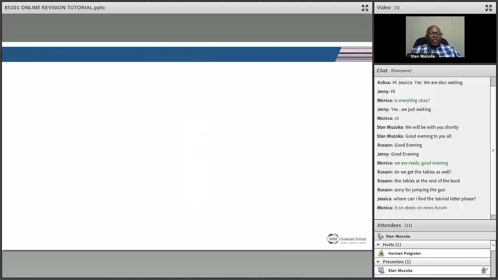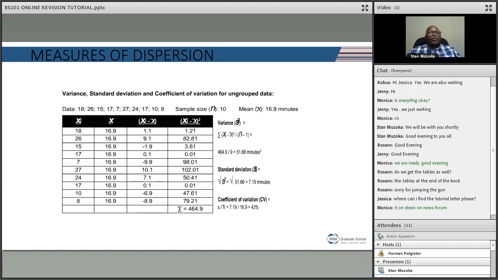You would notice that if you look at the past 3 papers on e-learning, May 2016, October 2016, and May 2017, the examiner gives you the variance and says, work from there.